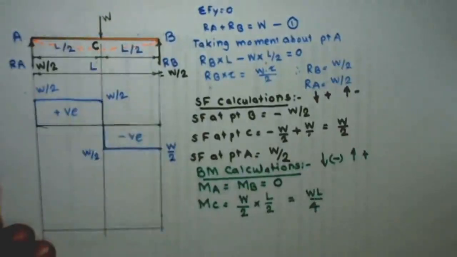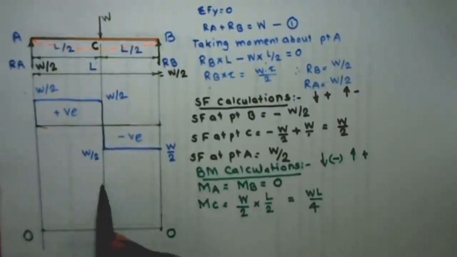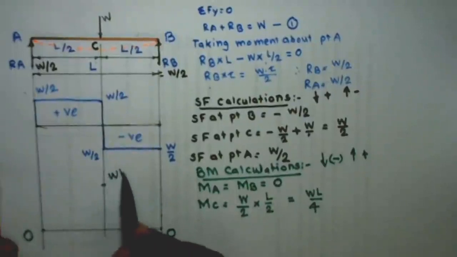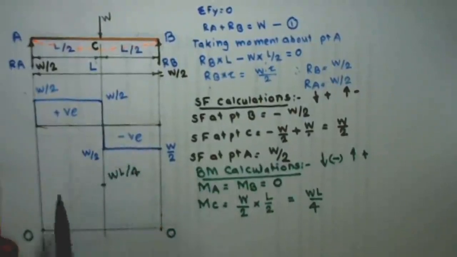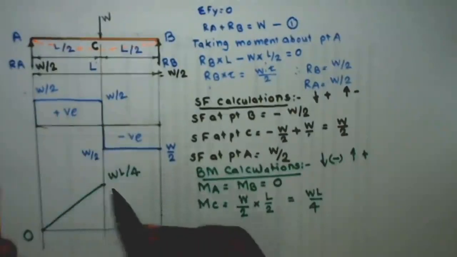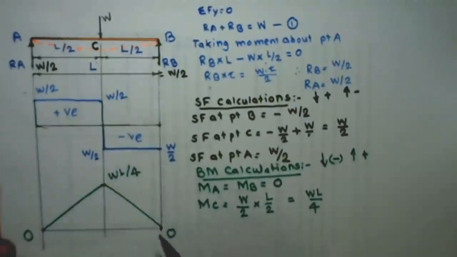The bending moment at point B is 0, at point A is 0, and at point C it is WL by 4, and since it is a point load, they are joined by straight inclined lines. So this is the complete positive bending moment diagram.